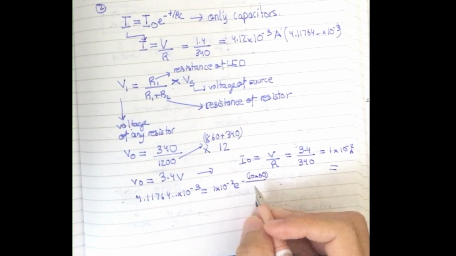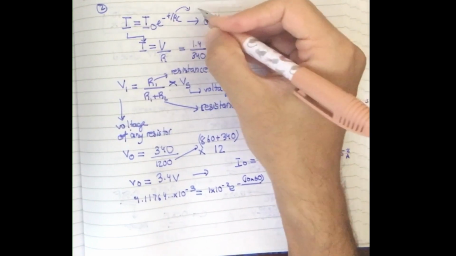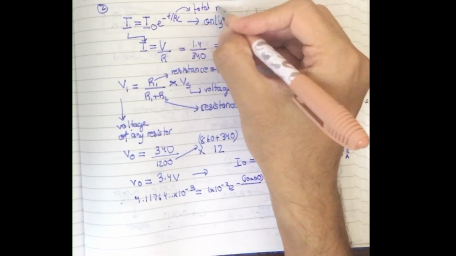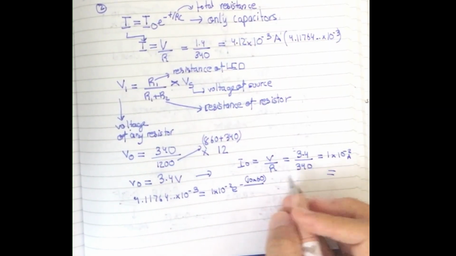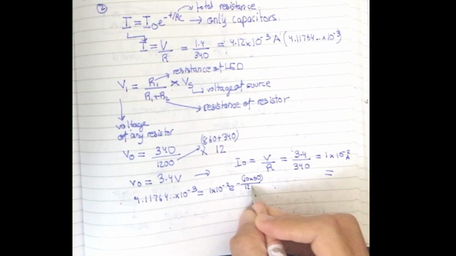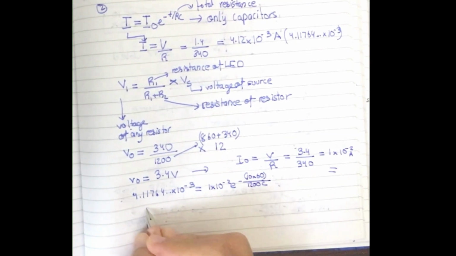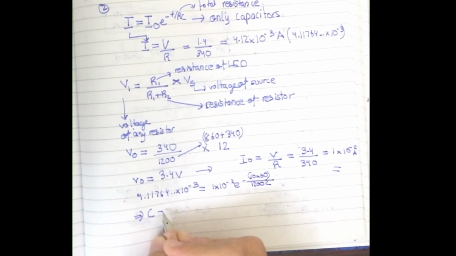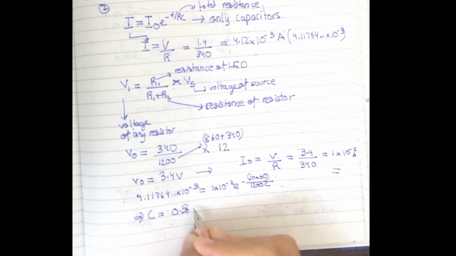And R is the total resistance, which is 12,000, and we have to find the capacitance. Once you calculate this on your calculator, you will get your answer as 0.56 F.